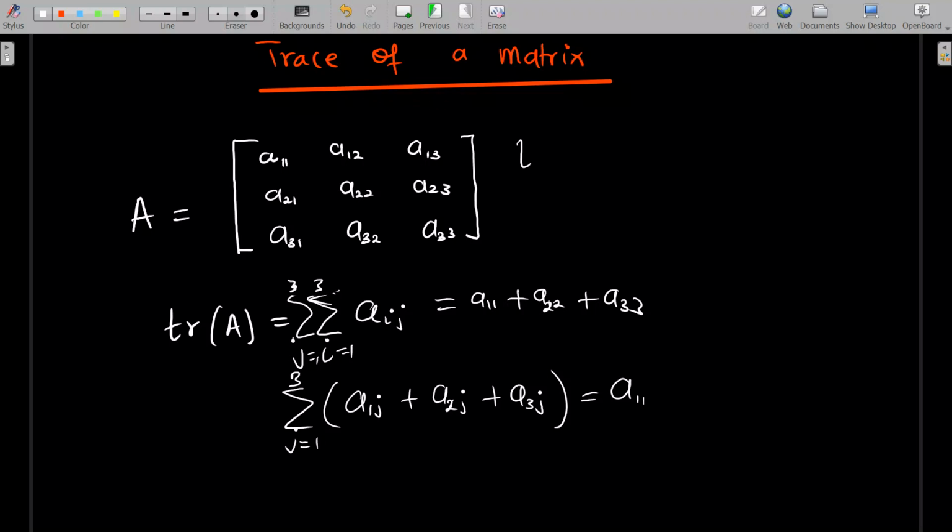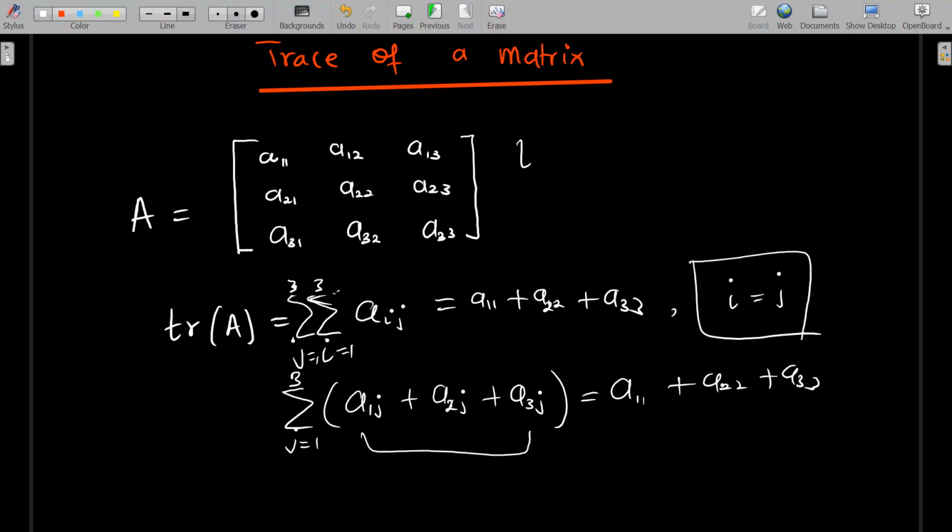What I'm doing is defining the condition where i is equal to j. Whenever they are the same, you have to specify that, if not, you're going to get a very confused thing here. So plus A22 plus A33. We are interested in the part where i is equal to j, so you have to add that condition before you can perform this summation. And that is it for the introduction to matrices.